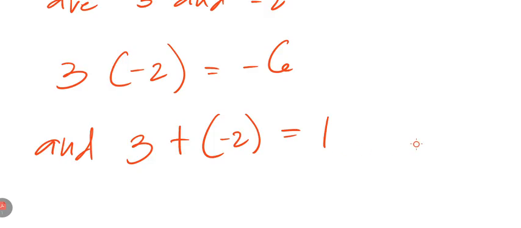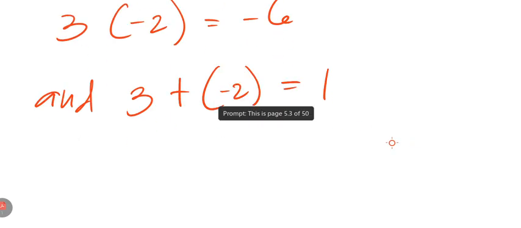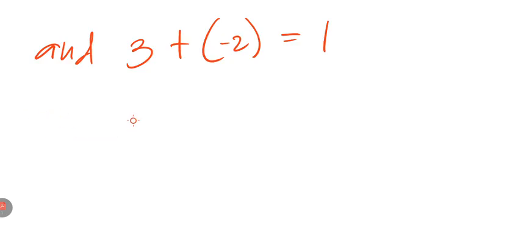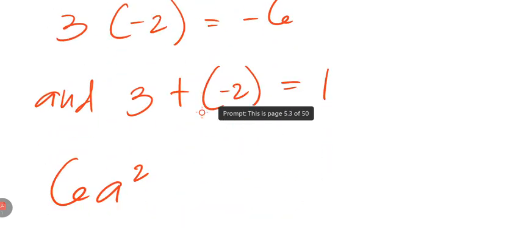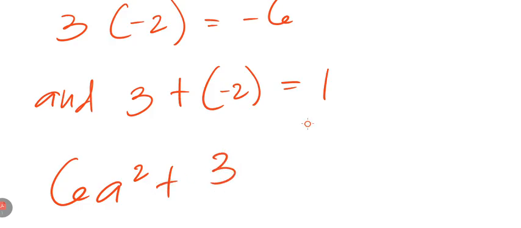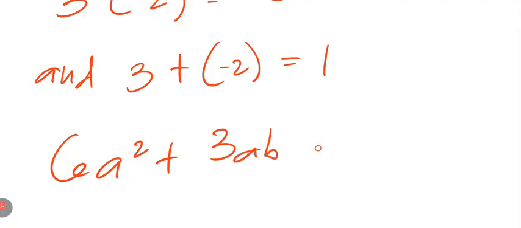Let's rewrite the terms. After finding the numbers, we rewrite the middle term: 6a squared plus 3ab minus 2ab minus b squared.